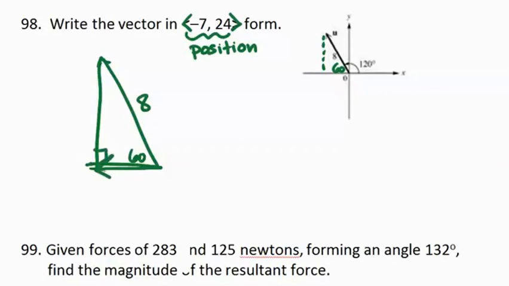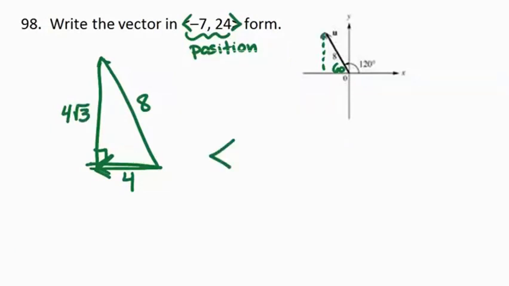So our x component, 30, 60, 90, our short leg is half of the hypotenuse, and our j component, our long leg, is half the hypotenuse times the square root of 3. So now what do we know about the coordinates of this point? We know that we went negative 4 on the x and positive 4 radical 3 on the y.